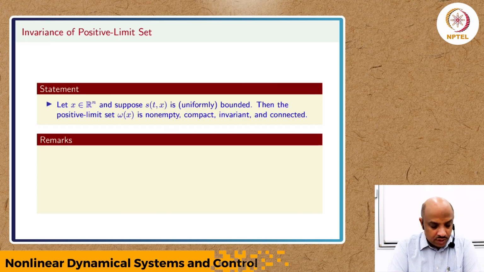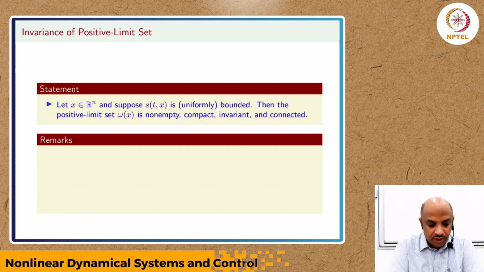So let some initial condition x be there, and then we construct an orbit or a solution around this particular x from an ordinary differential equation, or some flow is going to come from somewhere, and we'll call that S of t comma x. And the only assumption we will make on this particular flow is that it is uniformly bounded. What that means is there is a constant that bounds the entire orbit, right?